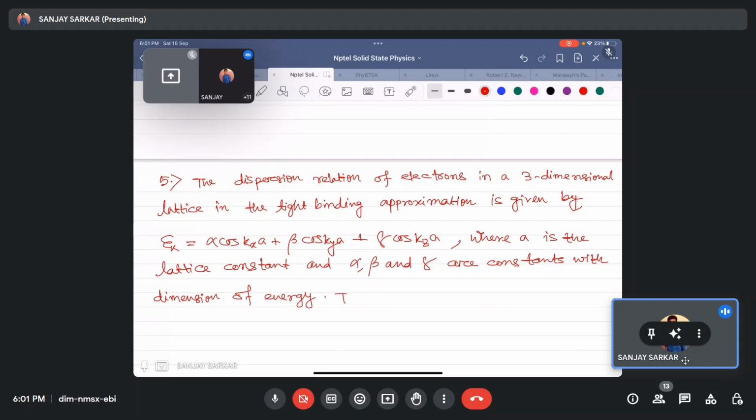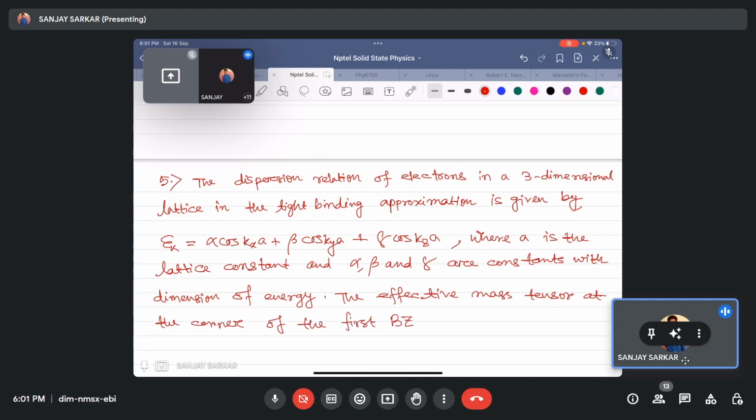So the effective mass tensor. So basically effective mass is a tensor, and you need to calculate the tensor at the corner of the first Brillouin zone.